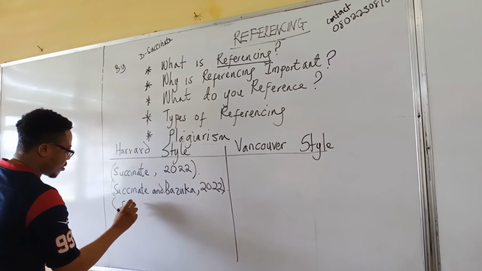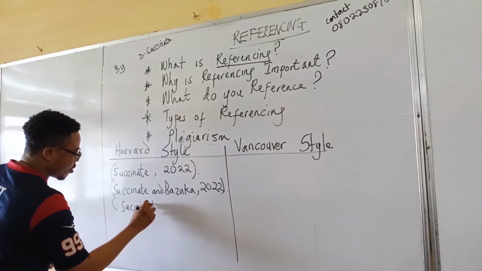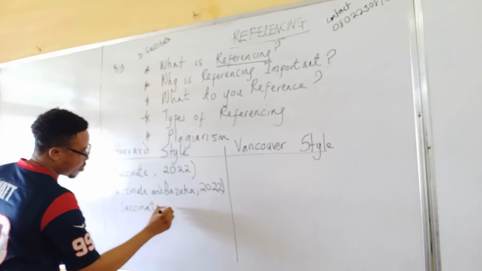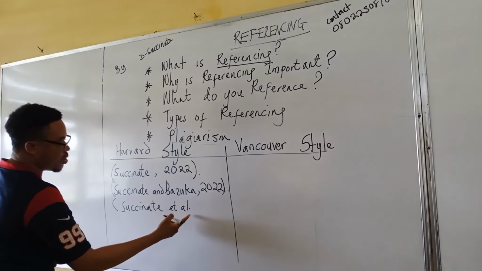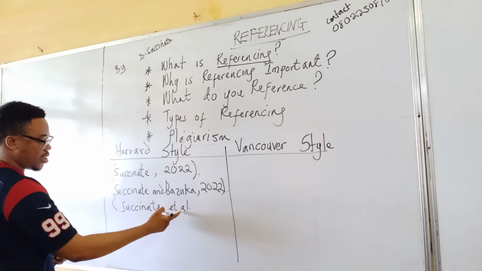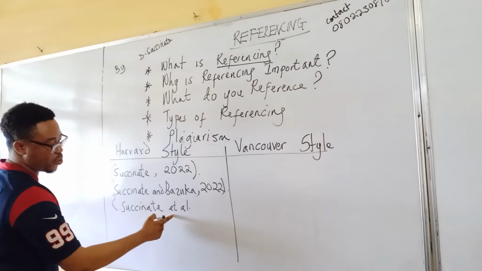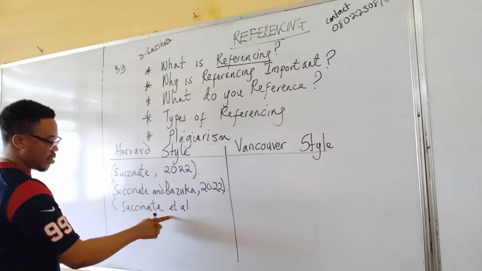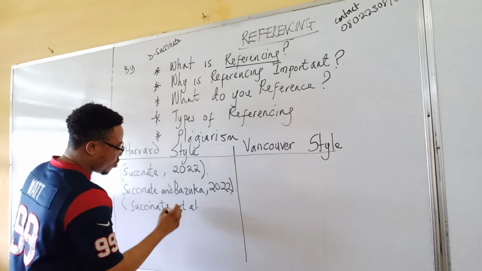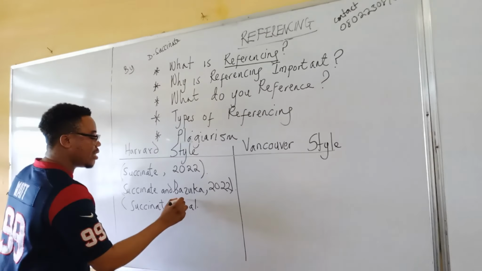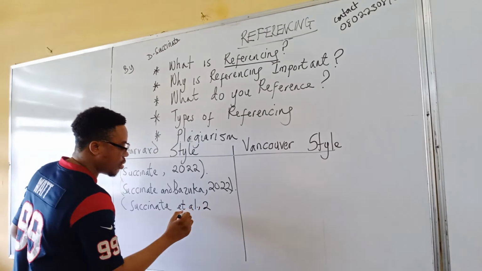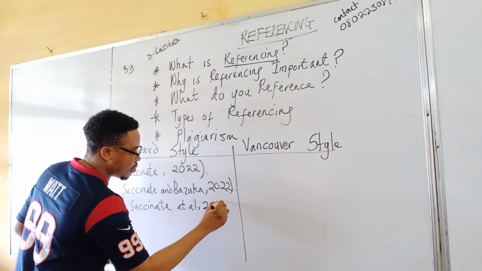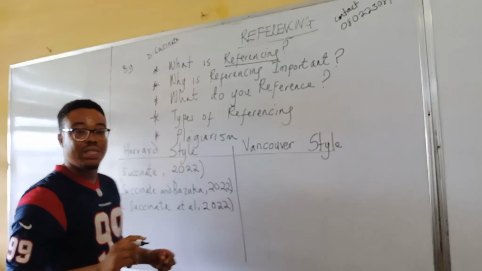You put Susunet, et al., put full stop, because this is supposed to be written in italics because it's not English. It's Latin, it means and others. So it is normally written in italics because it's not English. Then you put comma, you put the year. It's very, very important. You put the year.